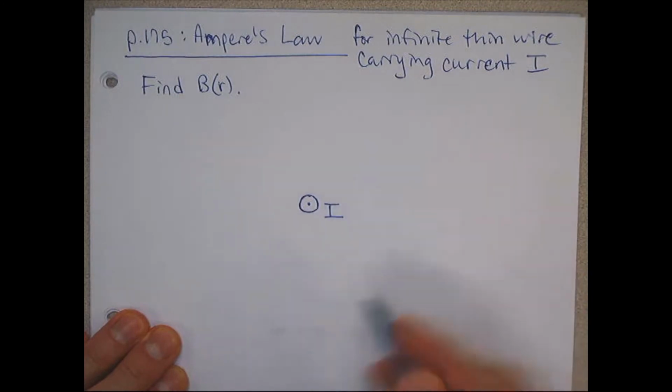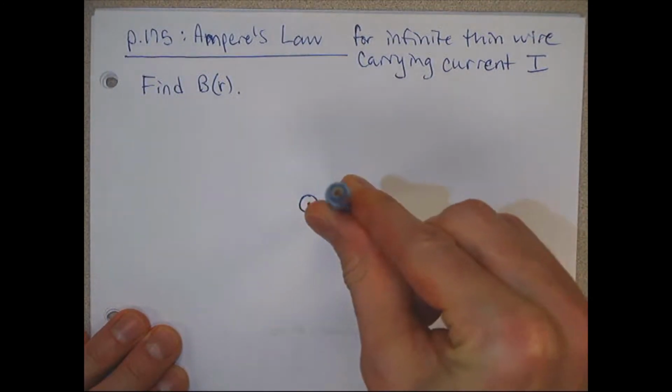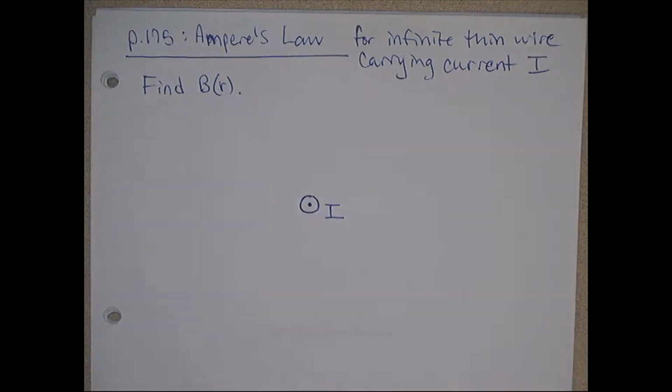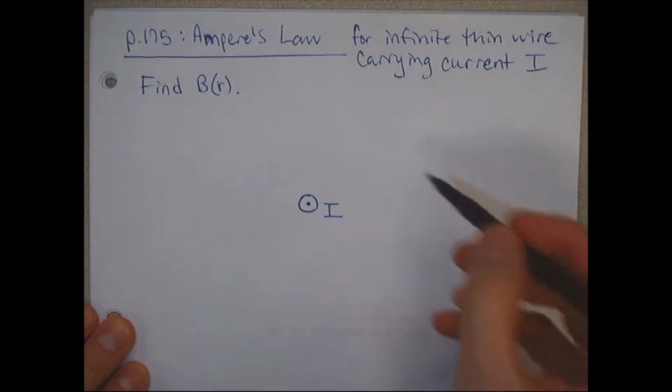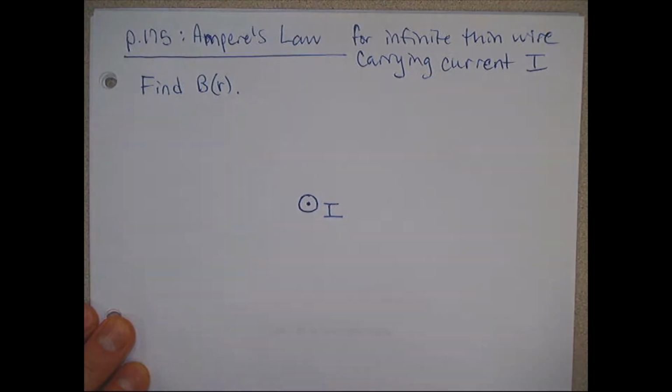So here is our infinite wire. It's carrying current. That current is flowing out of the page towards us. Just like with Gauss's law, we need to define a path now that accurately captures the symmetry of the problem.